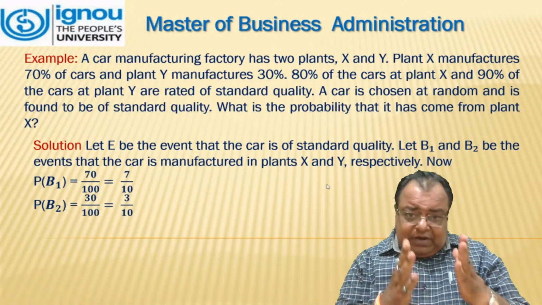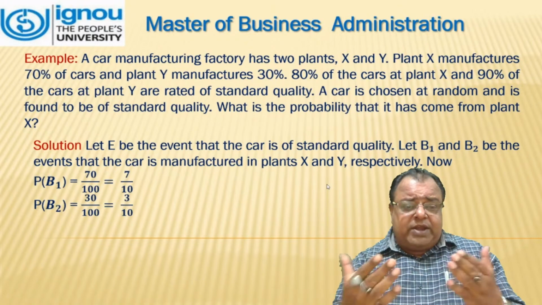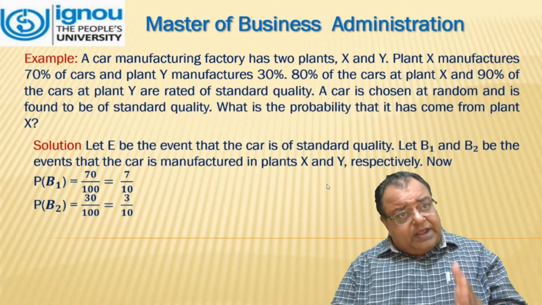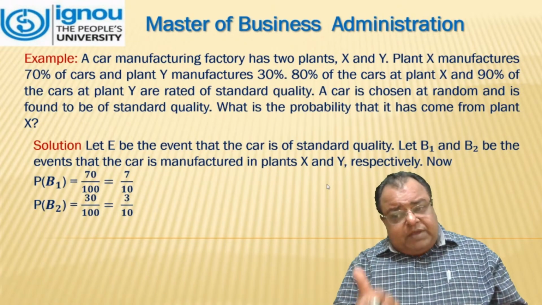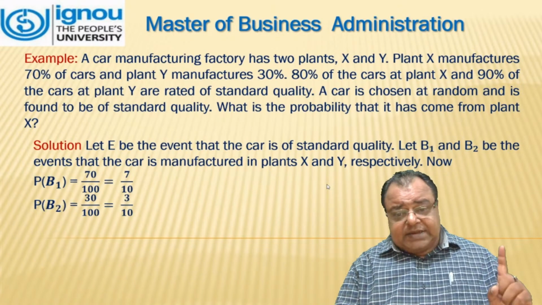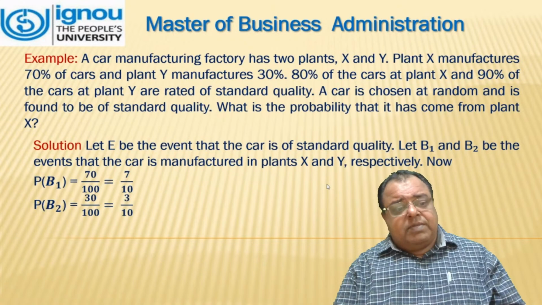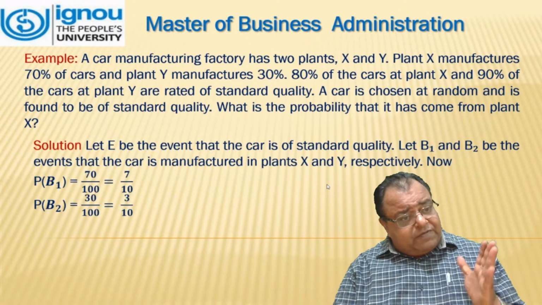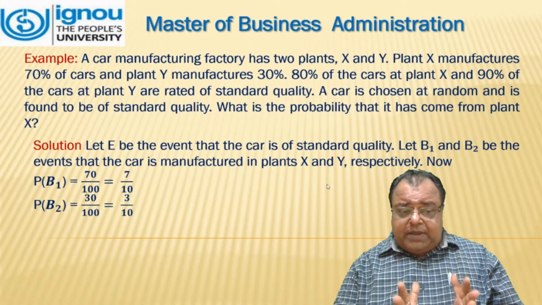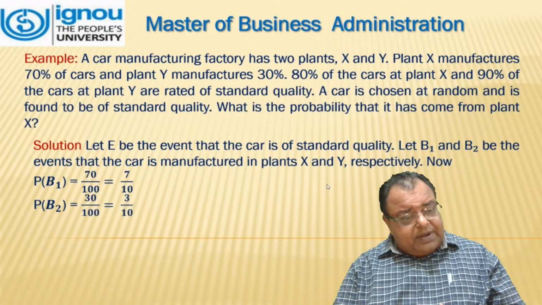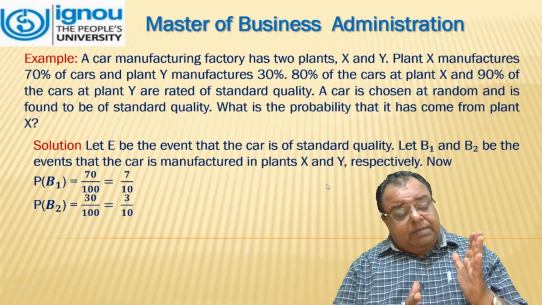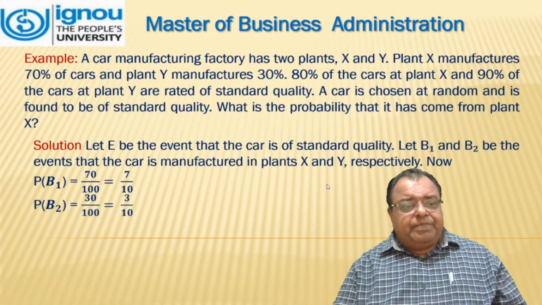Now, we will be converting this statement to our mathematical form. Let A be the event that the car is of standard quality. B1 and B2 be the events that the car is manufactured by plant X and plant Y. Going back to the problem, 70% of the cars are manufactured by plant X and 30% by plant Y. That means 70 by 100, so P(B1) is 7 by 10 and P(B2) is 3 by 10.